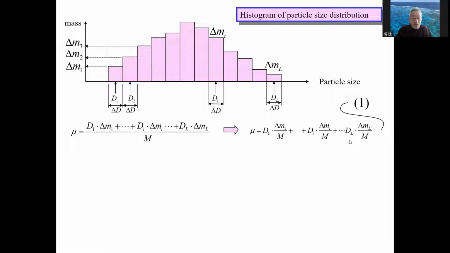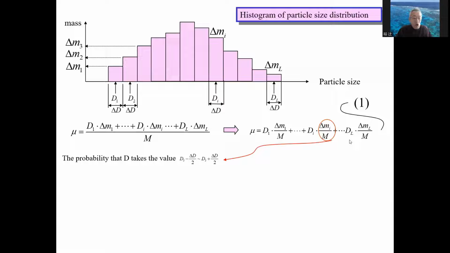Transforming the first equation, we get a second equation on the same line, which contains delta m1 over m, delta mi over m, etc. on the right-hand side. The equation number of this second equation is 1. Please remember this equation 1, for it will appear in the next page.